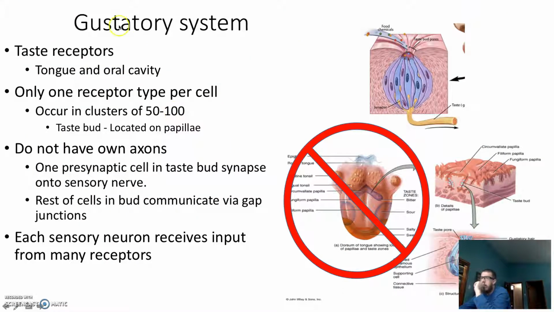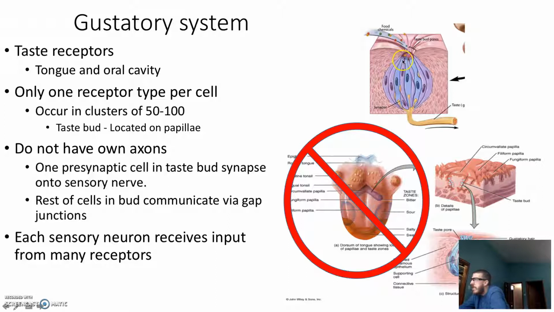So our gustatory system, our primary receptors of taste, are taste receptors that are in our tongue and mouth cavity. And these taste receptors are organized in clusters, in these round onion-looking groups of cells.